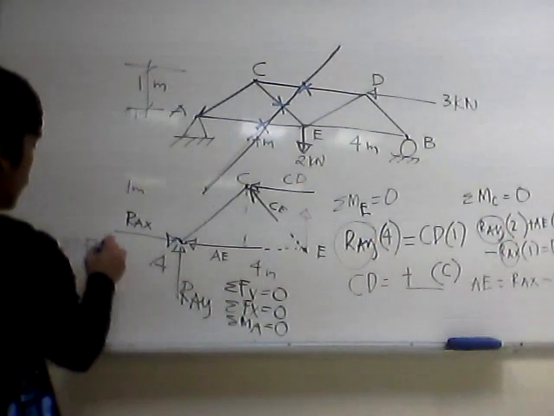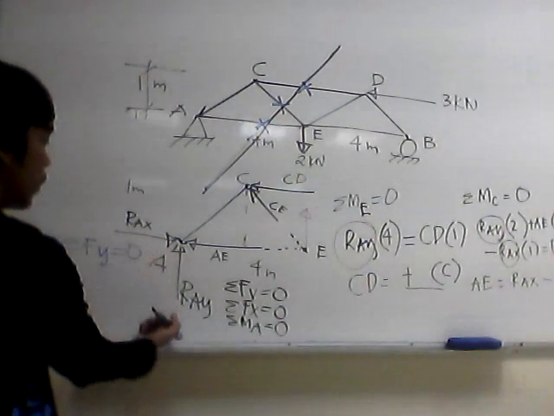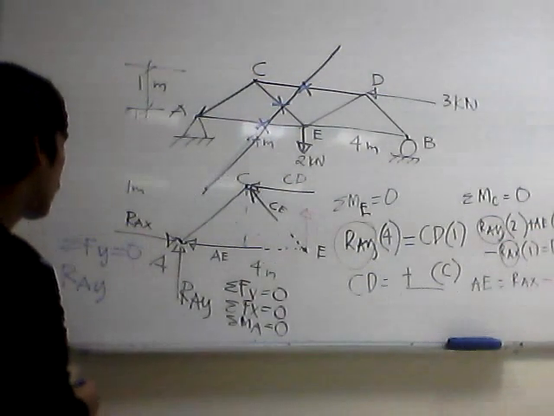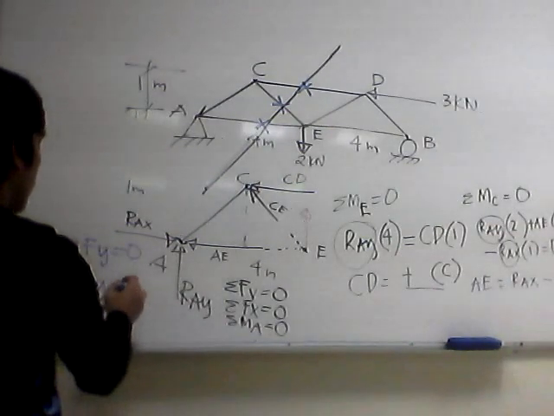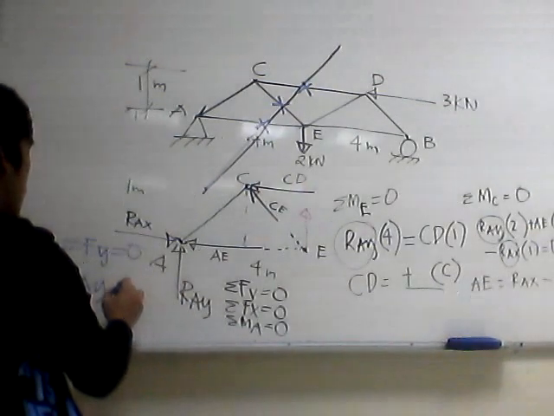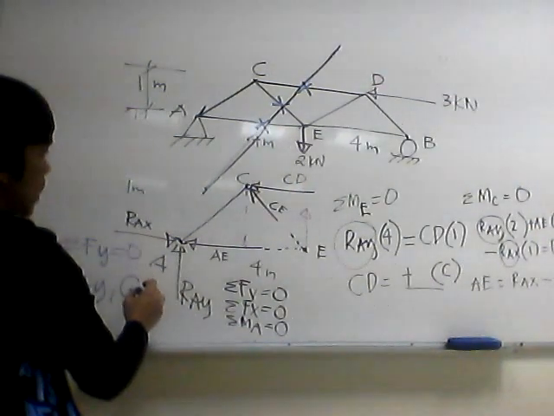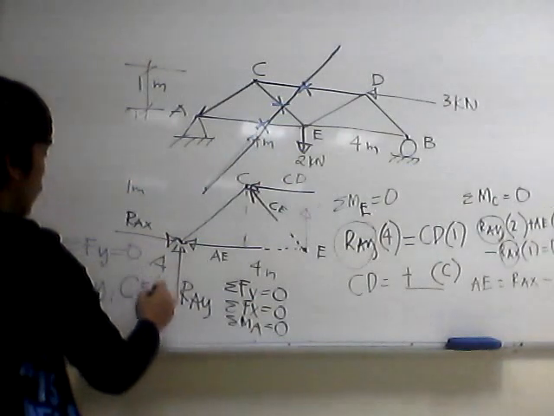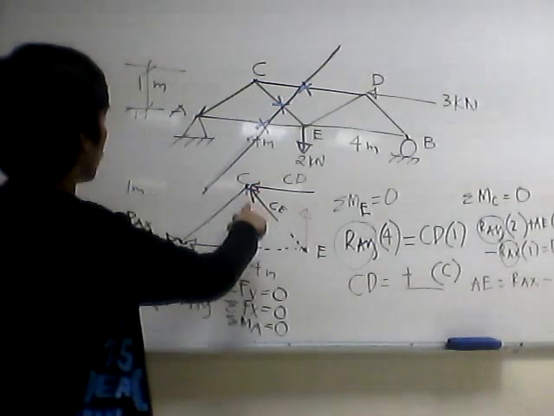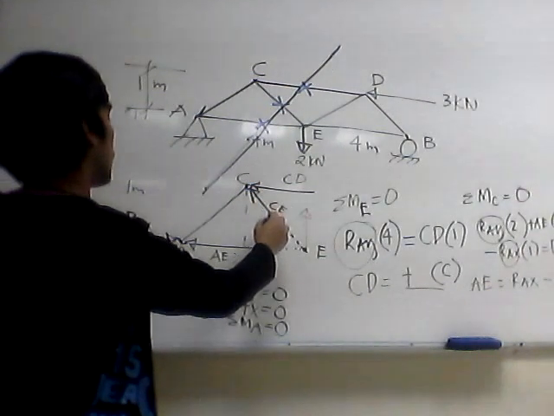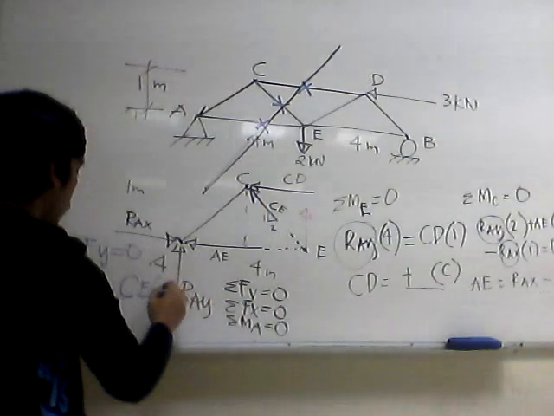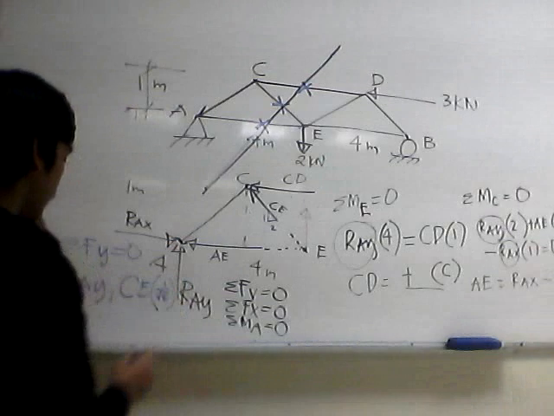If you're going to use summation of forces vertical, our equation will be like this. Summation of forces vertical y equals 0. We consider RAY and this CE vertical component. The vertical component is 1, this is 2, then square root of 5, so 1 over square root of 5.